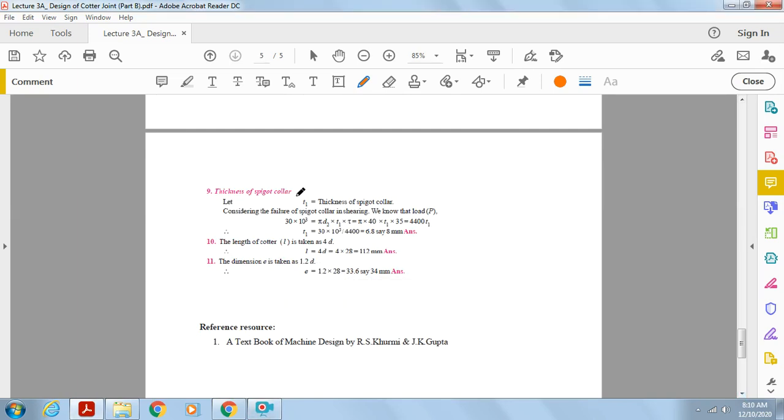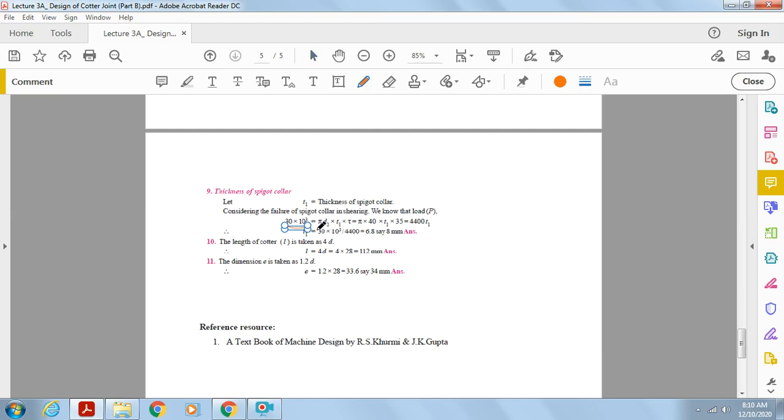Next, we come to the thickness of the spigot collar. As you know, the spigot collar thickness is selected as T1. Considering the failure of the spigot collar in shearing, P equals area multiplied by shear stress. Here the spigot collar fails in single shear, not double shear, so we have to remember that. So P, that is 30 into 10 cube, equals area multiplied by shear stress.